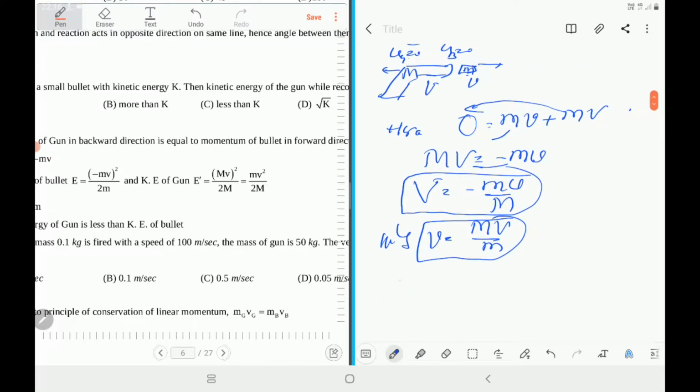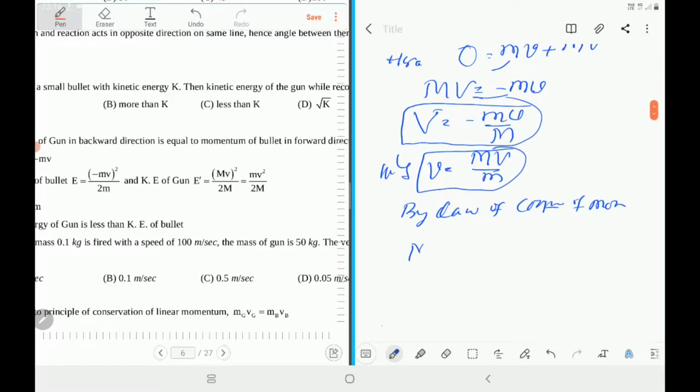Now let's suppose, according to the law of conservation of momentum, you can analyze this problem in two ways. The momentum of the gun is equal to the momentum of the bullet, right? Momenta are the same, but velocity is different.